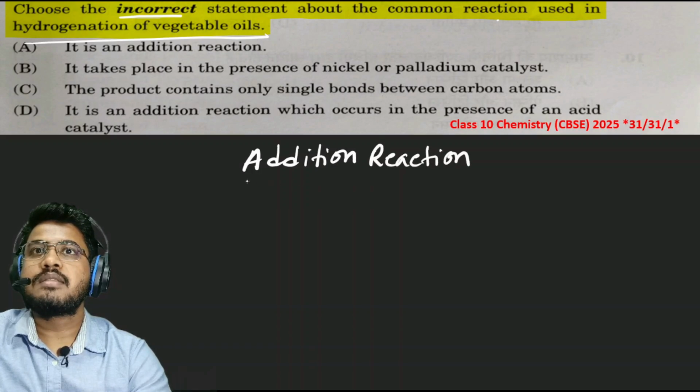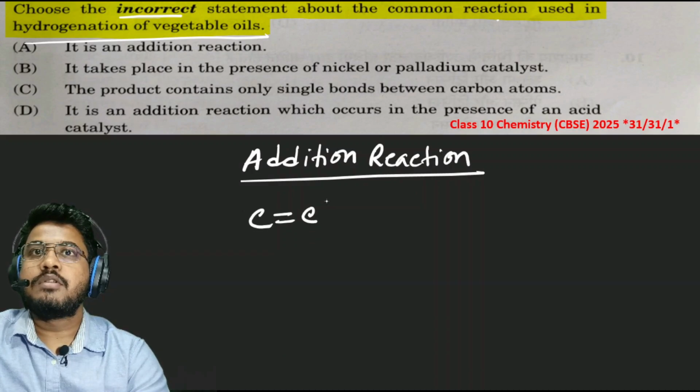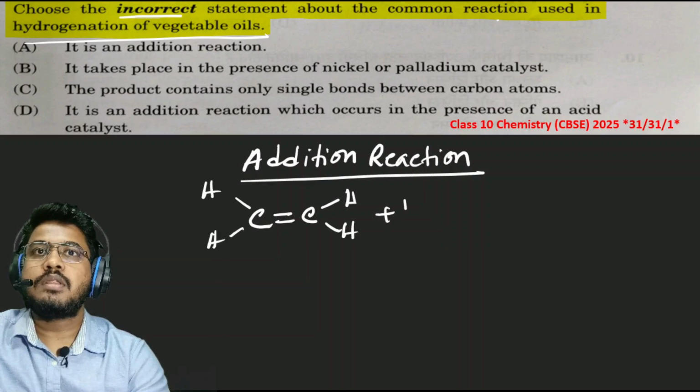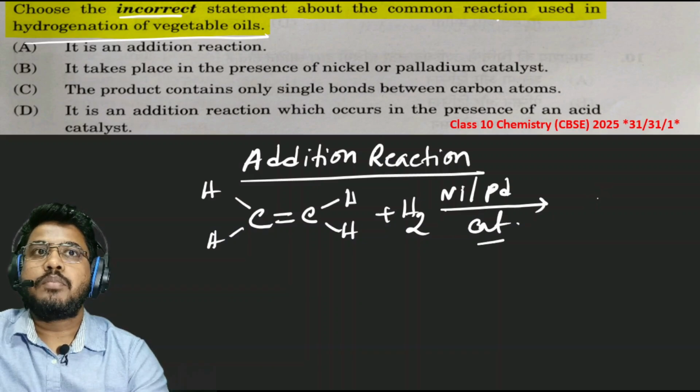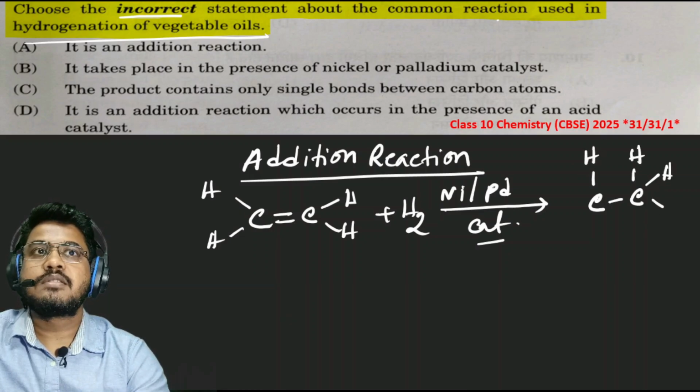Okay, or we can say the hydrogenation reaction, and this reaction involves C double bond C, that is alkene, reacts with hydrogen in presence of nickel or palladium catalyst. Okay, and in the product C bond C, these two hydrogens get attached to the two carbon atoms on both sides.